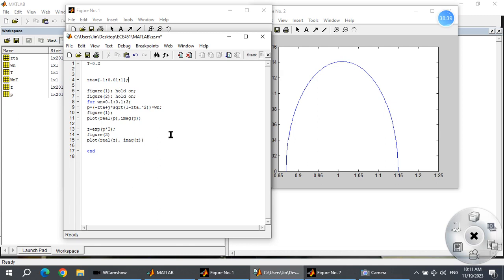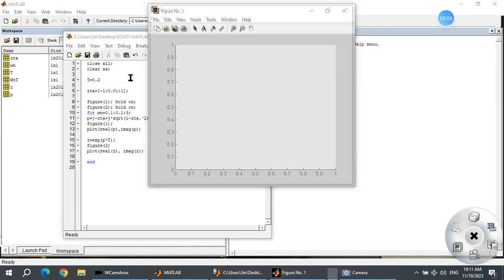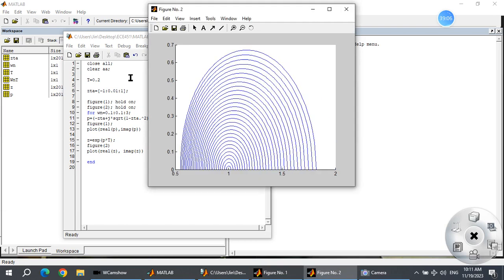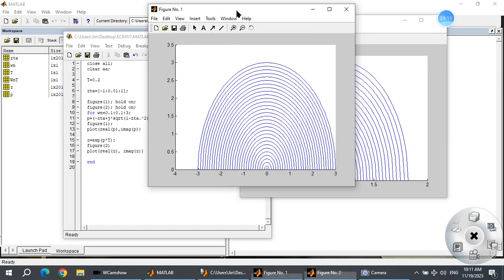Okay, and before this, I clear or close. Alright. The run is F5. Okay, go. Yeah, you see, they are not exactly the same.